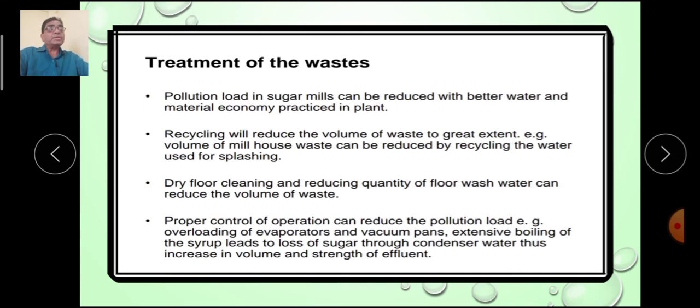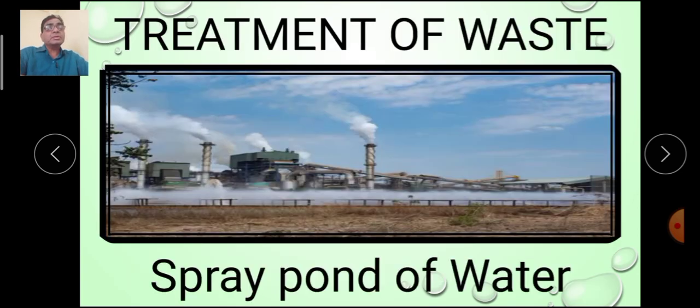That is, don't boil the syrup to a greater extent. Otherwise, it will affect the loss of sugar through the condensation of water and thus increase the volume and strength of the liquid. Okay.